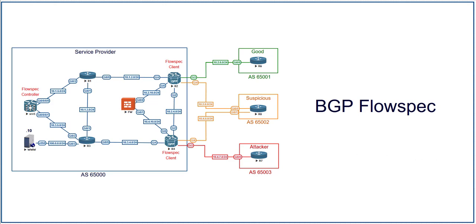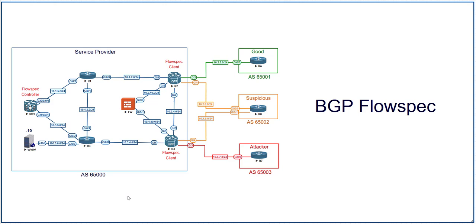But before configuration, let me inform you about the Flowspec controller. As I know, you can implement it on an IOS XR device. Actually, an IOS XR device is capable of running the Flowspec controller, and IOS XE and maybe IOS cannot do this job.